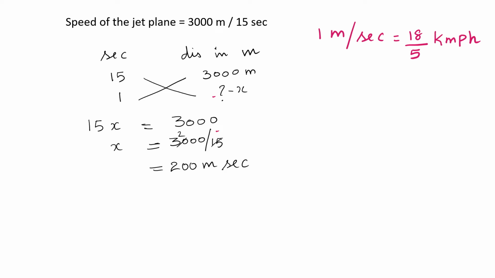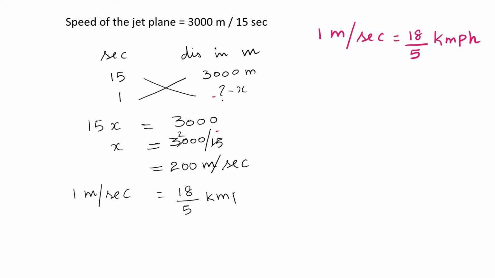Now see, a jet plane's speed is always measured in kilometers per hour. So we use the formula 1 meter per second equal to 18 by 5 kilometers per hour.